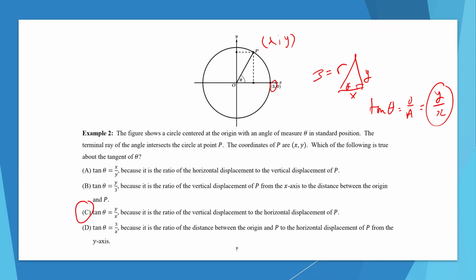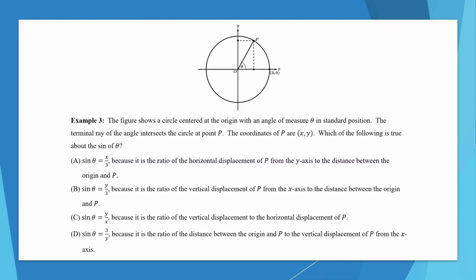So C is the correct answer there. And then with that, we can eliminate A, B, and D without even looking at the definitions. But the definitions make sense though, right? It's the ratio of the vertical displacement, which is y, to the horizontal displacement, which is x. So y over x there.